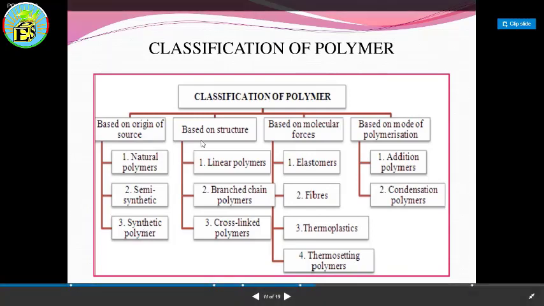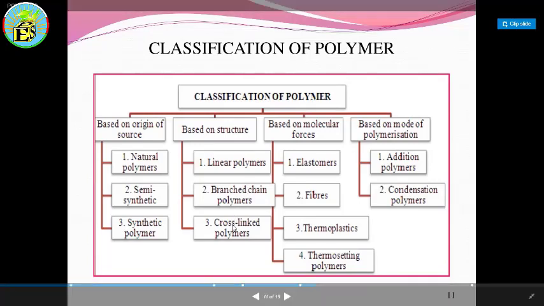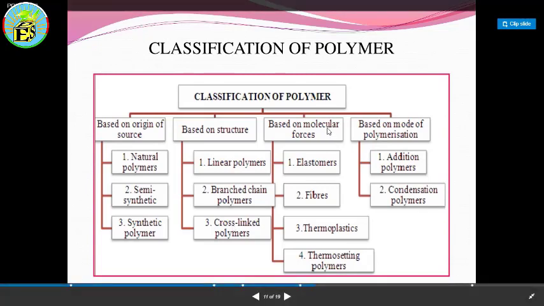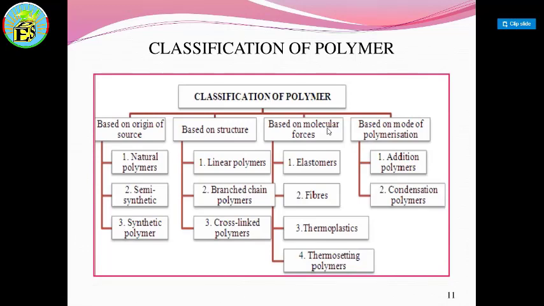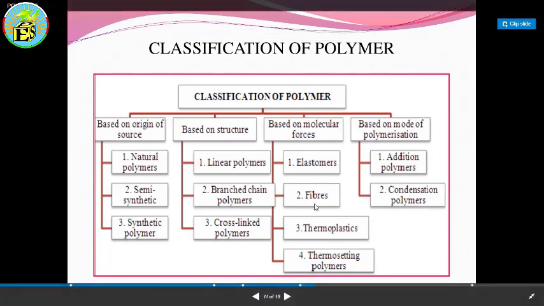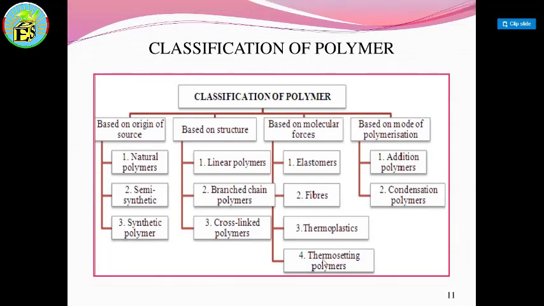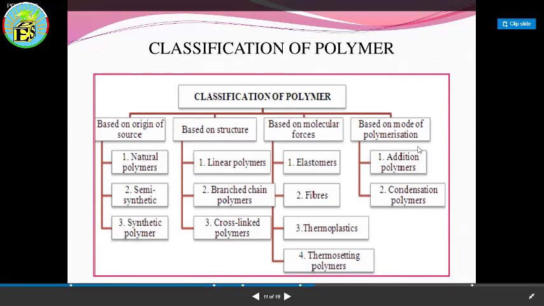Then based on structure: linear polymers means straight chain polymers, branched chain polymers which have branches, and cross-linked polymers which have cross links between each other. Based on molecular forces, meaning which type of bond is in between them: elastomers, fibers, thermoplastic, and thermosetting polymers fall in this category. Based on mode of polymerization: addition polymerization and condensation polymerization.